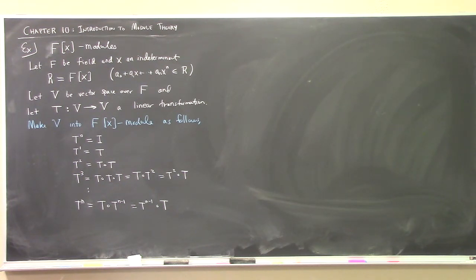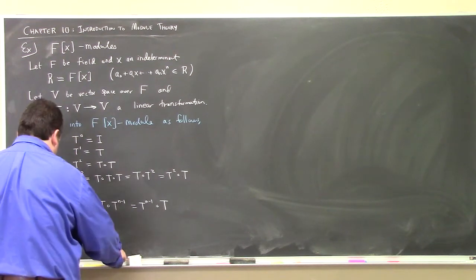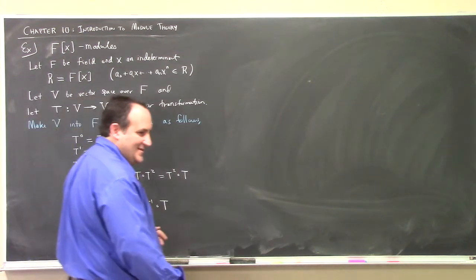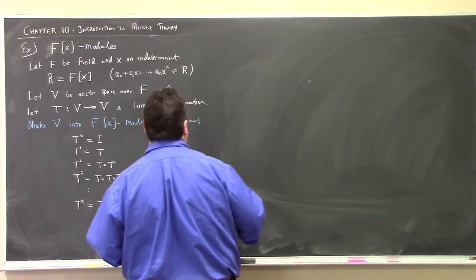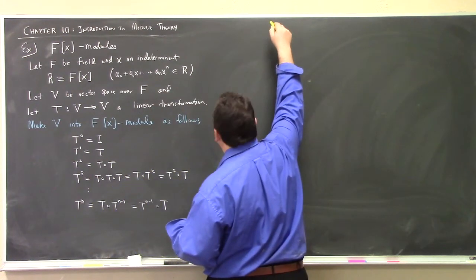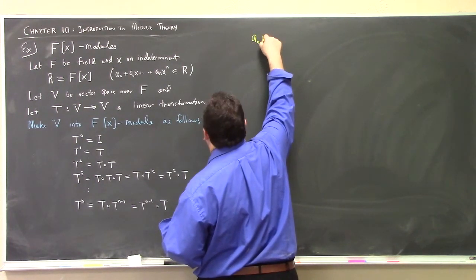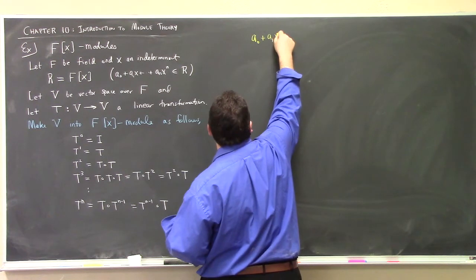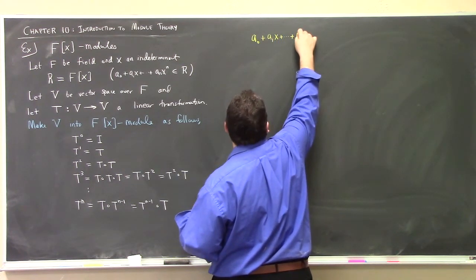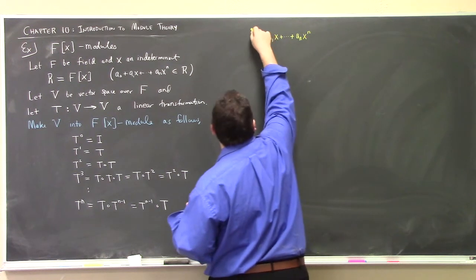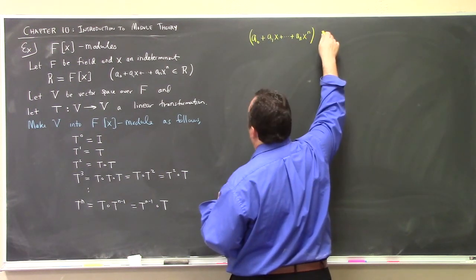So how are we going to let F[x] operate on the vector space? Okay, let me write it down. See if you can guess it without looking at the book. Have you already looked at the book? No, I have not. Okay, good. So let's talk about it. We want to let a typical polynomial, like a0 plus a1x plus ... plus an x to the n, act on the vector v.